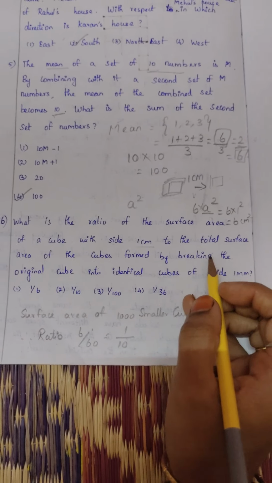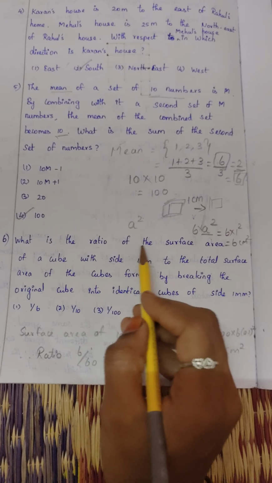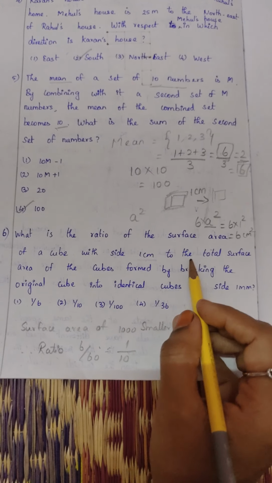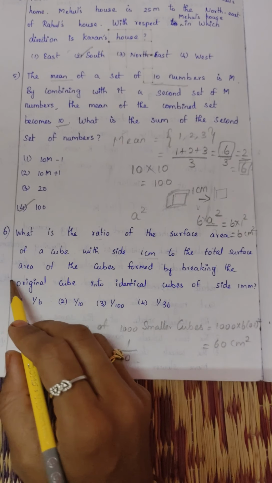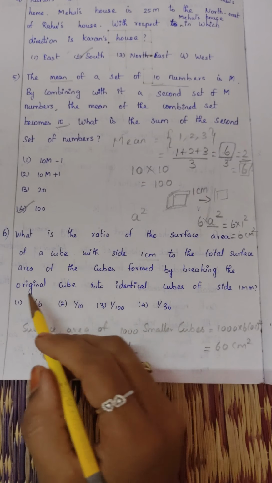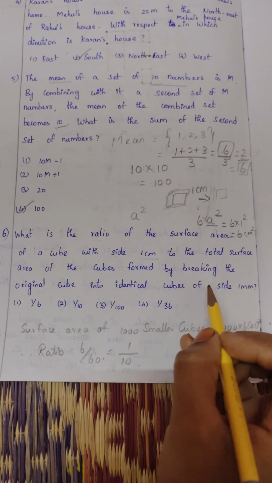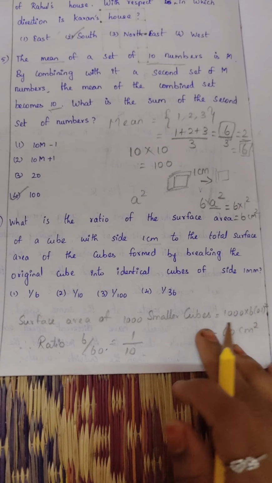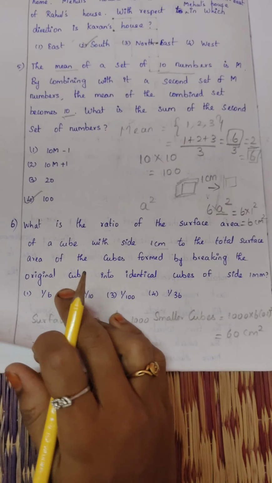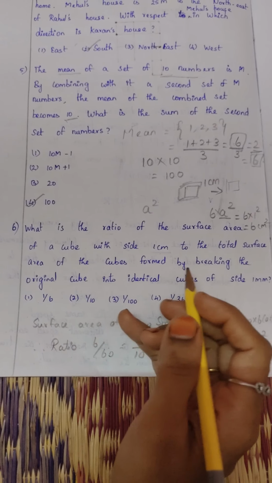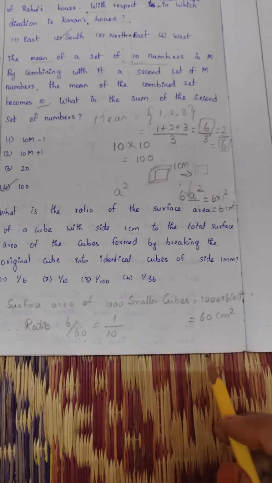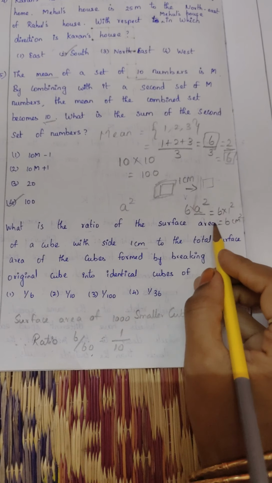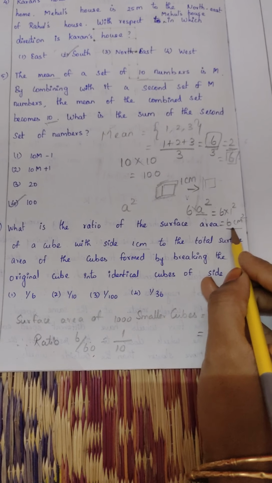So they have asked, what is the ratio of the surface area of a cube with side 1 centimeter to the total surface area of the cubes formed by breaking the original cube into identical cubes of side 1 millimeter. The original cube's surface area we have found as 6.